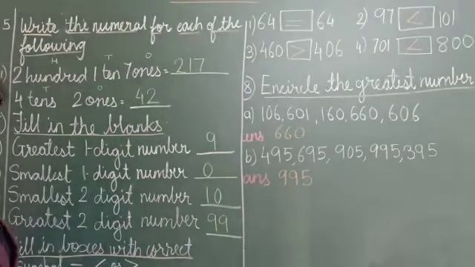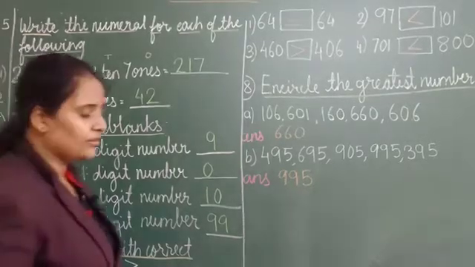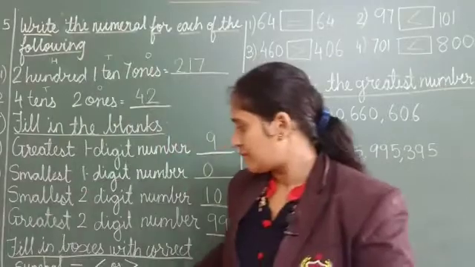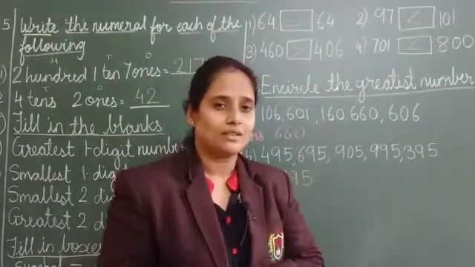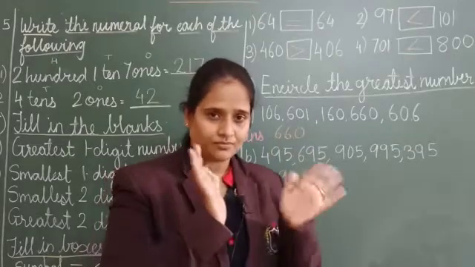Now we'll come to question number 7. Fill the boxes with the correct symbol: equal to, greater than or less than. Now what you have to keep in your mind, whenever this type of question comes, is the face of the crocodile.